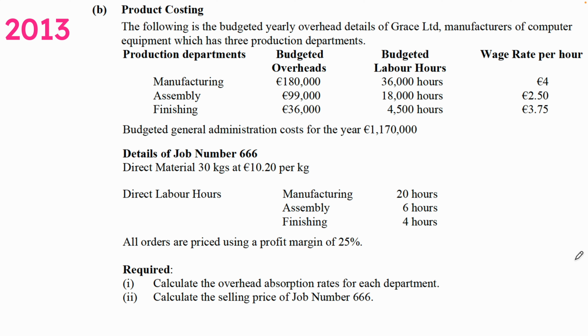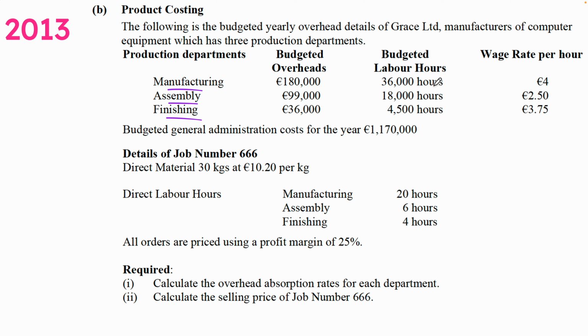Right, on to part B then. So product costing. So the following is the budgeted yearly overheads of Grace Limited, manufacturers of computer equipment, which has 3 production departments. So you've got production departments, manufacturing, assembly and finishing, okay? So you've got the budgeted overheads, 180,000 in manufacturing, 99 in assembly, 36,000 in finishing.